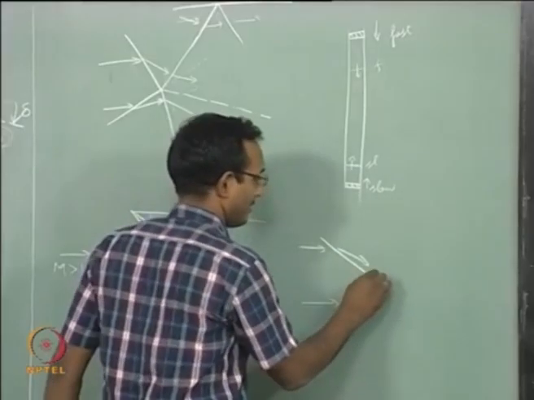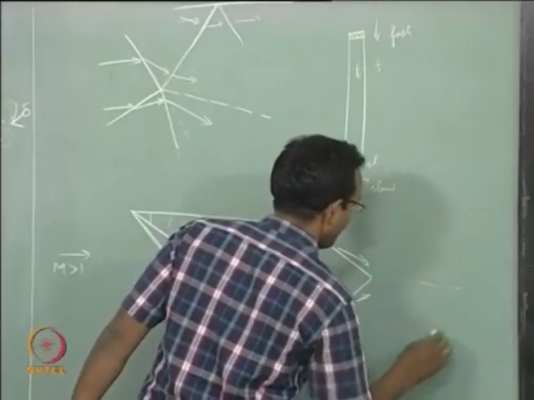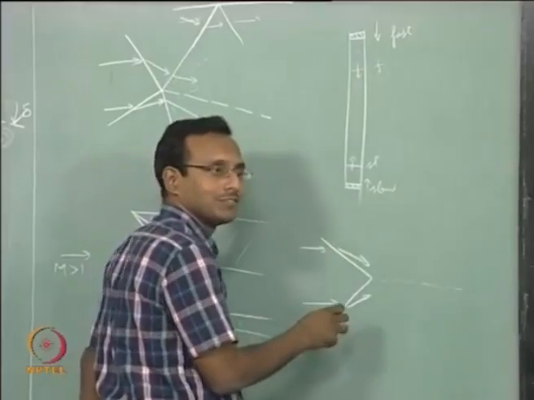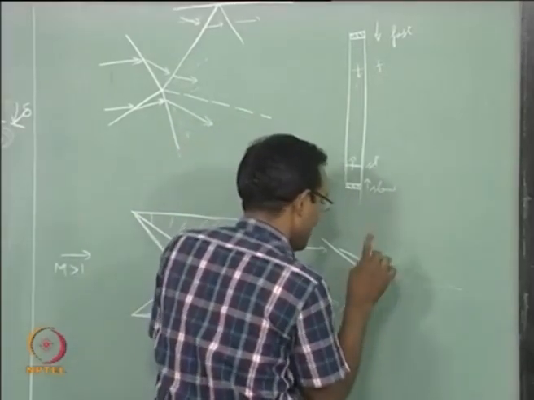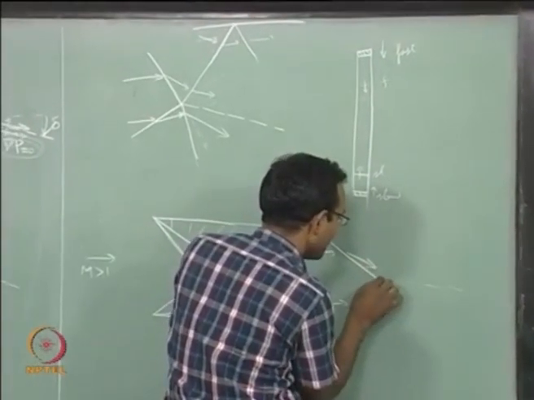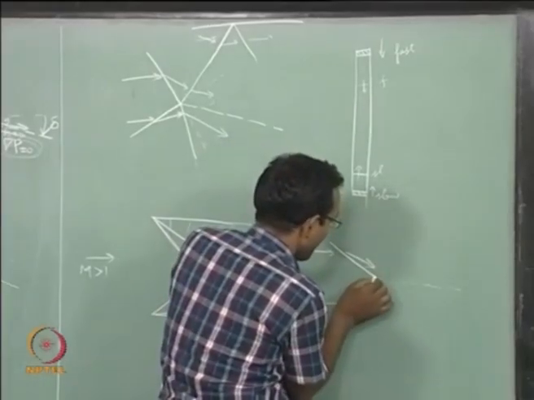When they come and meet, let us assume we have symmetric shocks, easier to work with. And then I am saying it has to turn back, but the Mach numbers have decreased after the first shock. When that happens, it is going to go to a point where this particular theta is crossing the theta critical, the change in angle, right.